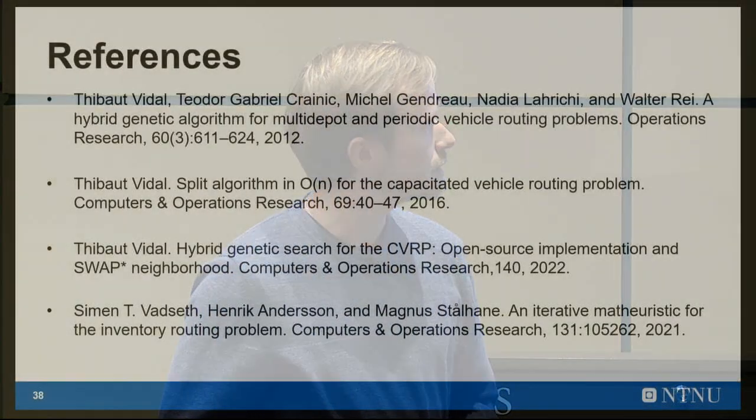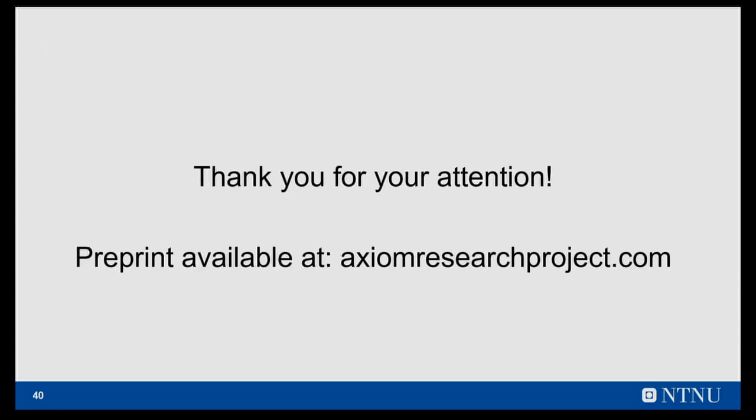Yeah, I think that's it. So if you have any questions. Oh, one comment: the preprint is available at axiomresearchproject.com, also with all detailed solutions published. So if anyone is eager to test their local search or whatever on this problem, you're free to go.